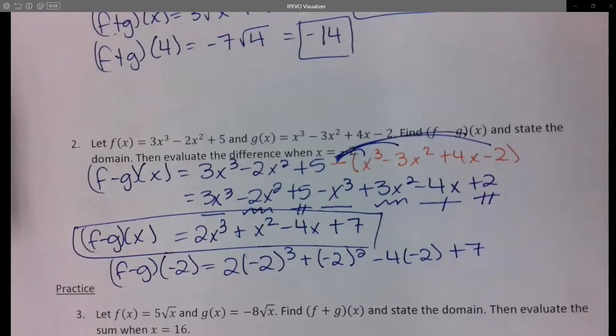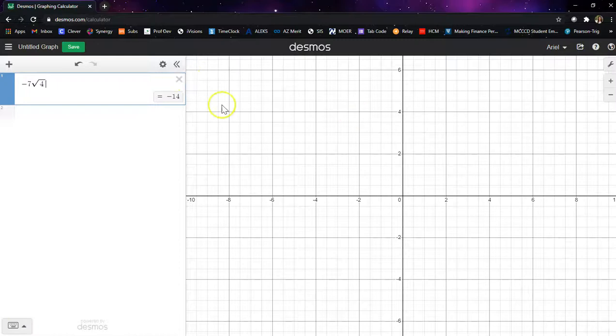Then I can go ahead and go to Desmos, which gives me 3.